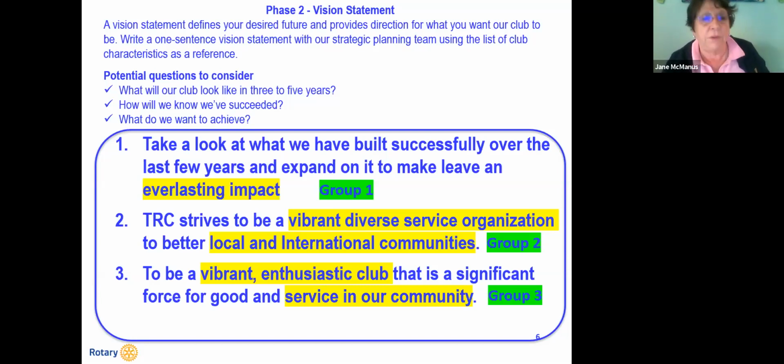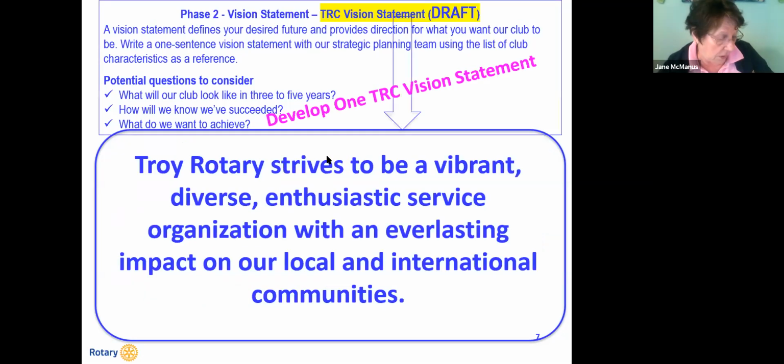And then we said, okay, how can we build a vision statement from this? So we took the yellow highlighted parts and came up with a draft vision statement. And there it is. And I'm sure you've all got a copy of this, right? Okay.